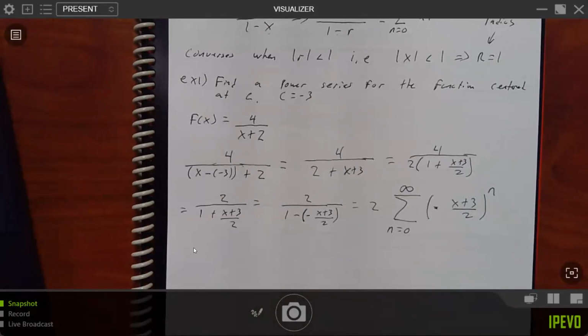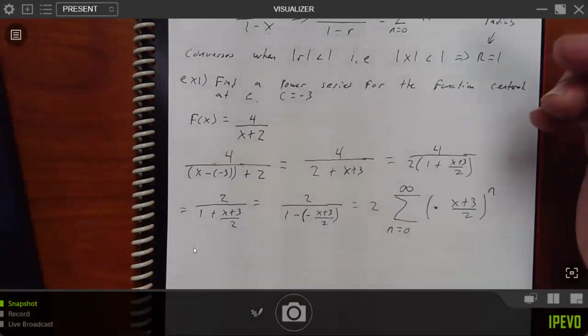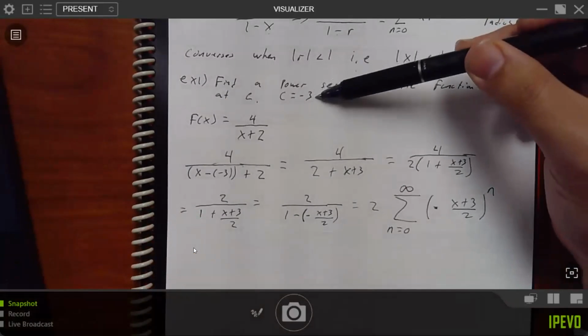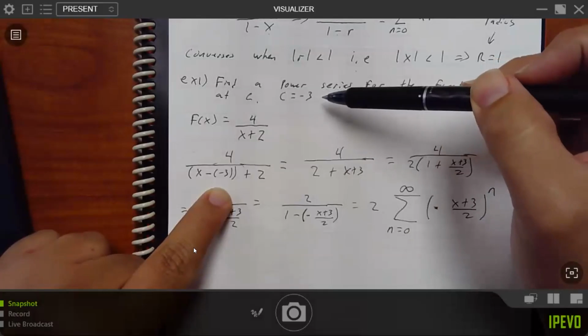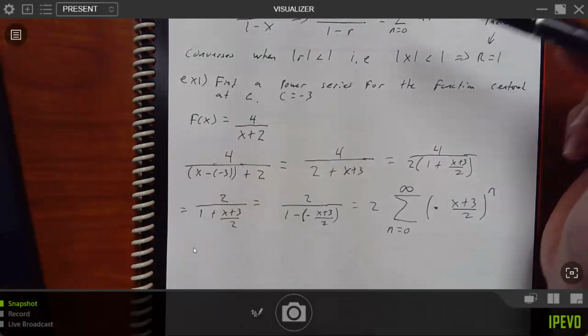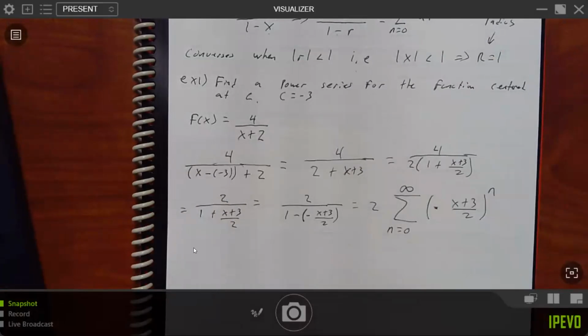Does that make sense? How do you get the -3 at the bottom? So whenever you start this, when they tell you centered at, it has to be x minus c, minus whatever they give you. Remember in the last section we talked about the power series centered at some c.